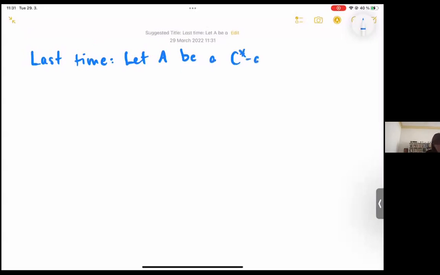So last time we were talking about functionals, in particular positive linear functionals. And what was a positive linear functional?